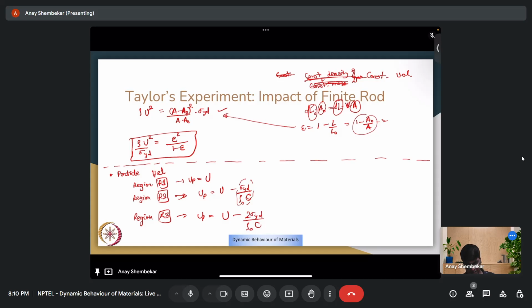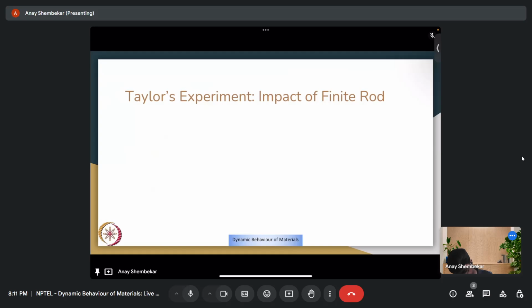The final part is how we evaluate the total deformation length.